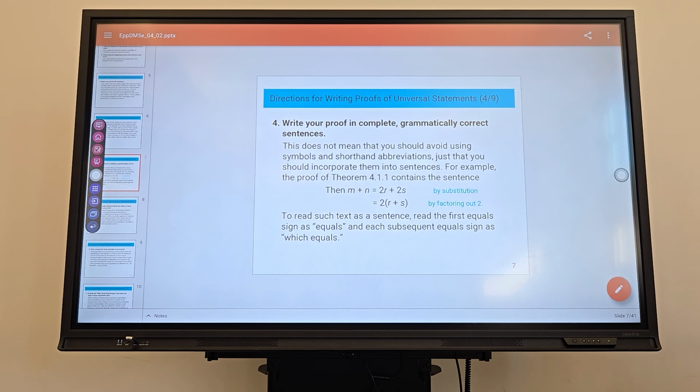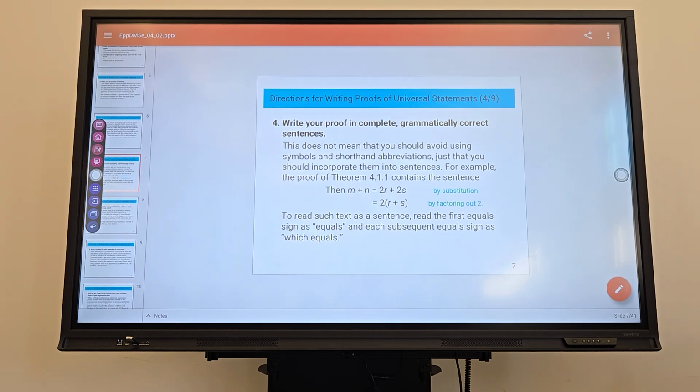Write your proof in complete, grammatically correct sentences. That doesn't mean don't use symbols or equations or abbreviations. You should just include them in sentences.